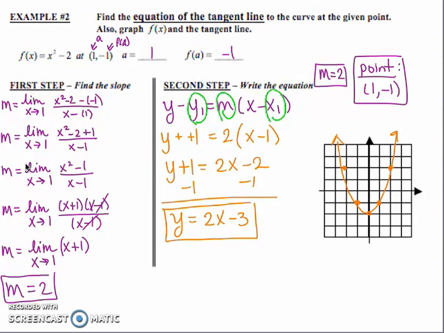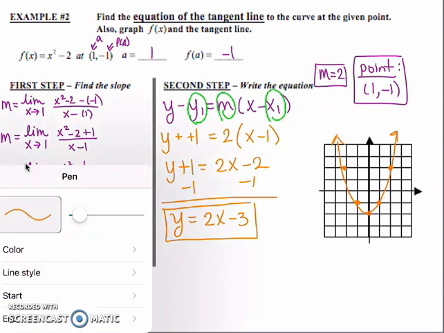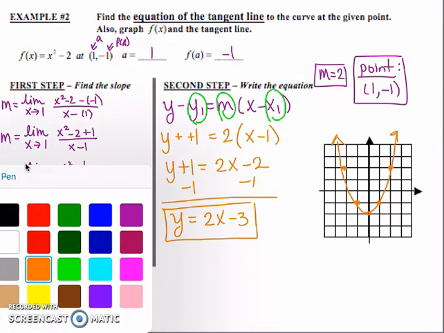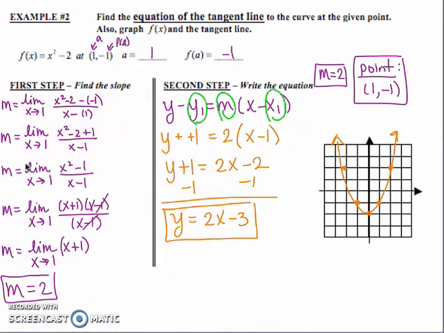Okay. And so now the equation of the tangent line that we just found, 2x minus 3, if we add that onto our graph, hopefully it gives us exactly what we want. So we have a y-intercept of -3, and we have a slope of up 2, right 1. Up 2, right 1, up 2, right 1.